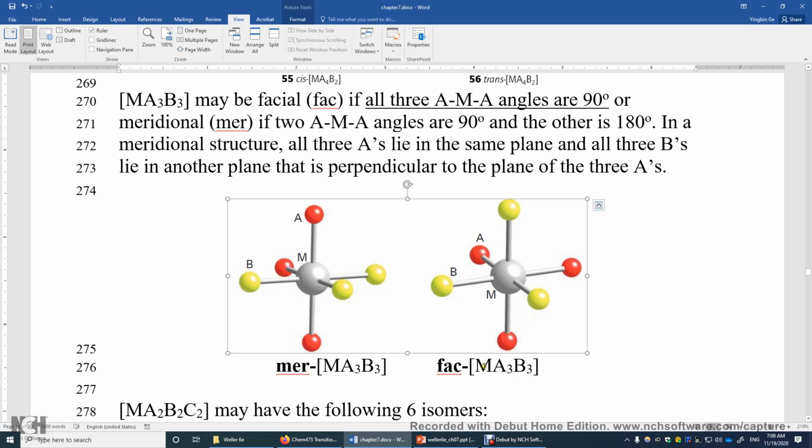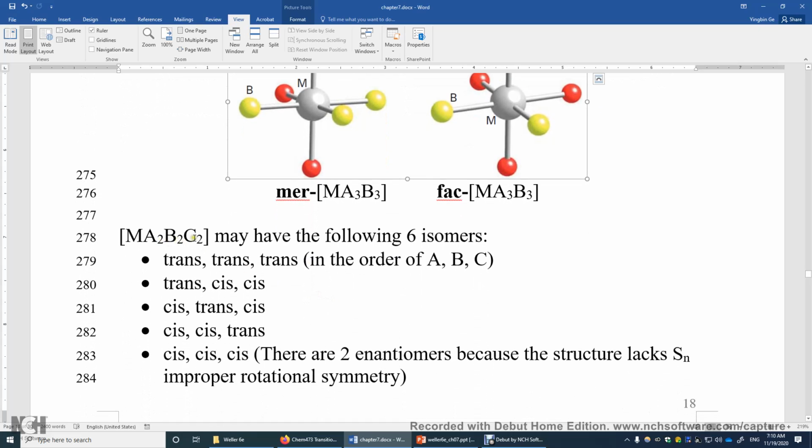So this is going to be MA3CDE, something like that. As long as you have 3 As and their angles are all 90 degrees, it's facial. And over here, if you have 3 As with angles being 90, 90, and 180, that's meridional.